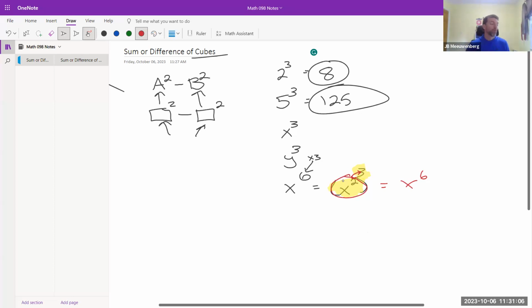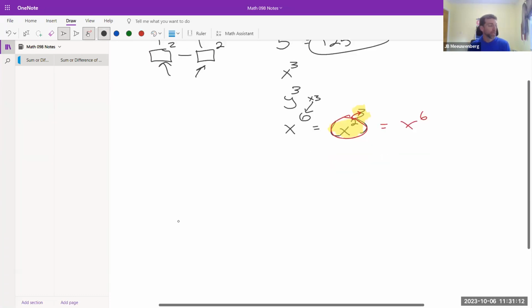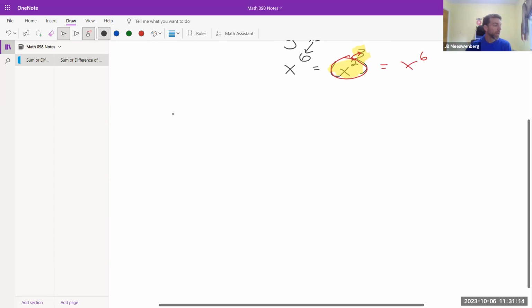But what we're going to focus on are ones that are a little more straightforward than that. So I'm going to start with an example, and we are going to factor x to the 3rd minus 8. The first thing we have to look at is, how many terms does this have? Two terms.